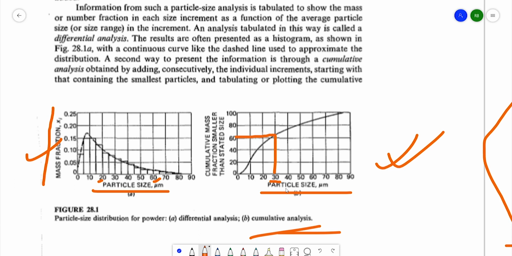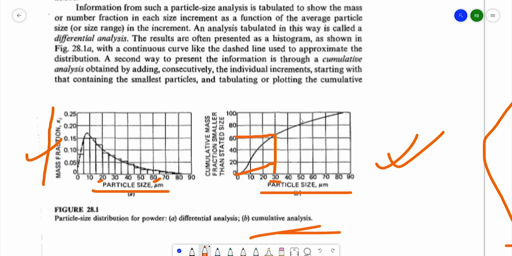In cumulative analysis, it means all the particles having a size of 30 micrometer or less, from 0 to 30 micrometer, in total have 60% mass fraction. So it keeps on adding.